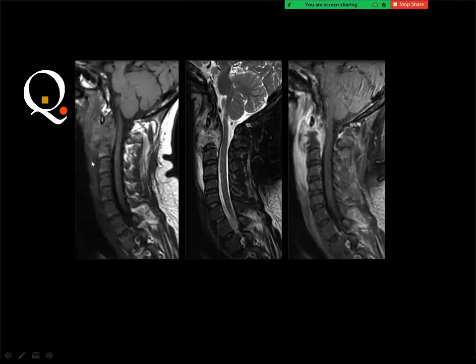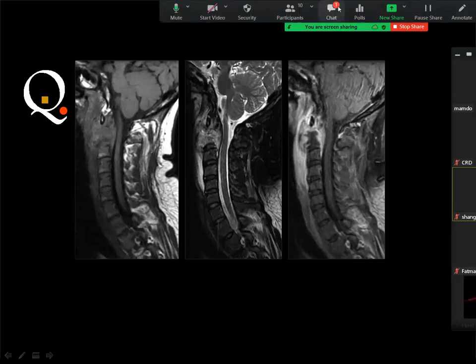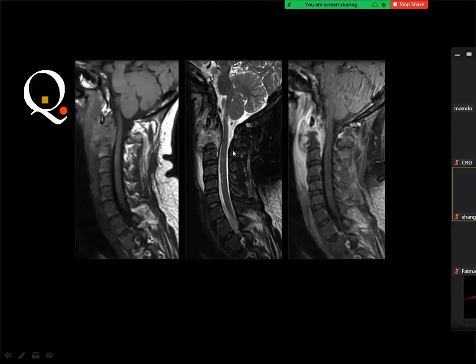Okay, we can see a lesion in this area at the upper cervical region. This lesion has destroyed the first and second cervical vertebrae and involved as well the disc spaces in between, and is associated with pre and retrovertebral soft tissue component that shows enhancement and extends well below the level of the lesion.